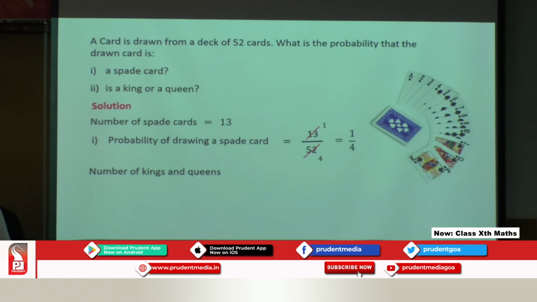So, the number of kings and queens in a pack of cards is 8. That is 4 plus 4, that equals 8. So, the probability of drawing a king or a queen equals 8 upon 52. Dividing by 4, 4 2s are 8, 4 13s are 52. You get 2 upon 13.